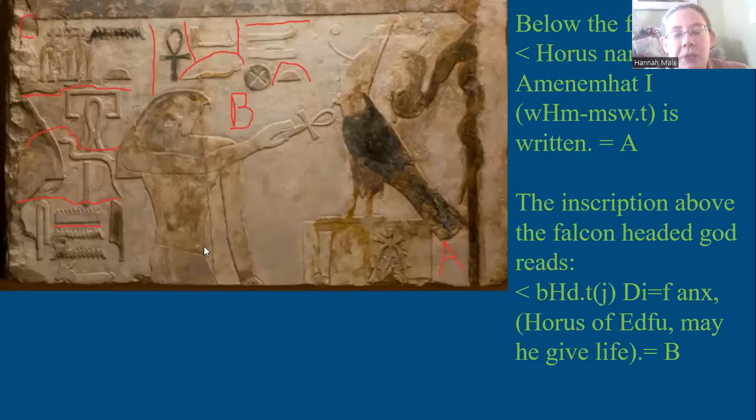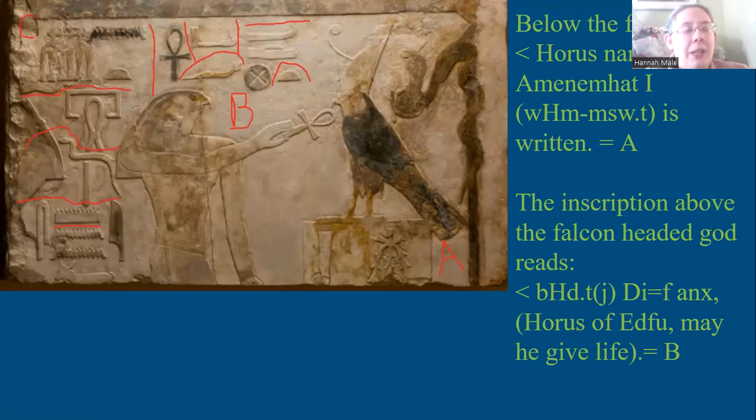So in terms of what's going on with this relief, we have the god Horus, who is shown here, giving an Ankh, which represents life in general, or eternity, sort of.